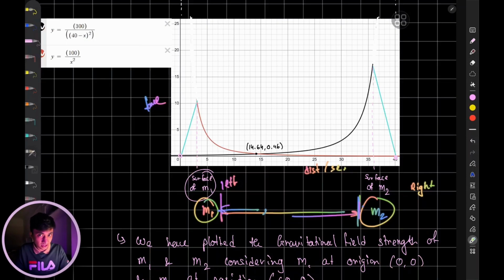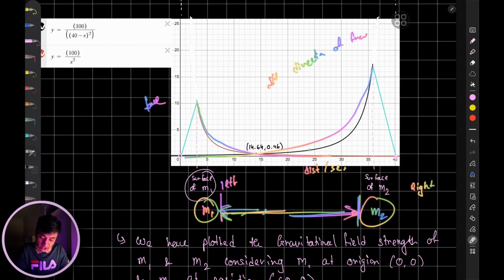Force is what? A vector quantity. So if this graph of M1 denotes force or gravitational field strength of M1 in the leftward direction, and for M2 this line denotes the gravitational field strength in the rightward direction, both have different directions of force.